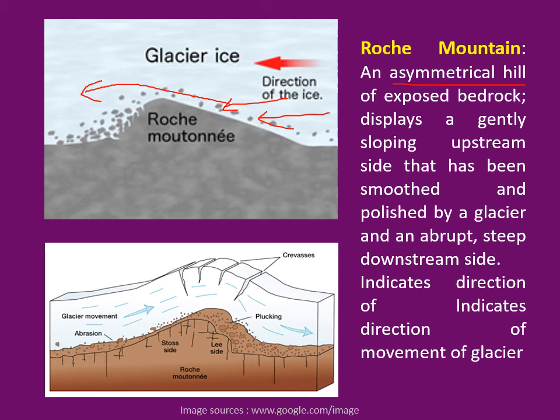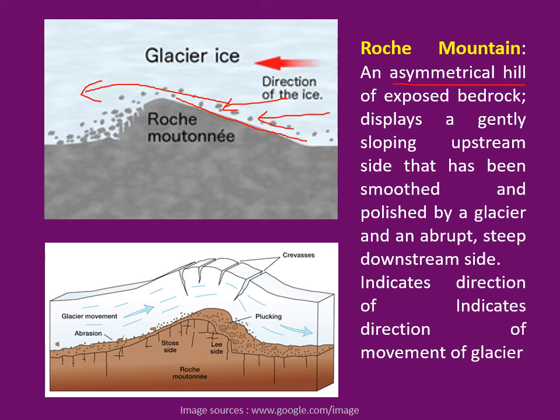Here, the main erosional process by which materials are eroded is plucking. The glacial ice mass moving over the downslope portion of this exposed rock selectively removes the rock particles or mineral particles. Thereby, the downslope portion is a little bit haphazard in shape. It is not smooth. In contrast, the upslope portion is a smooth surface.